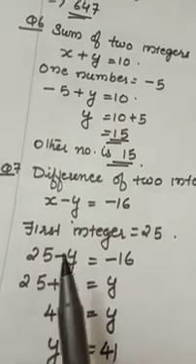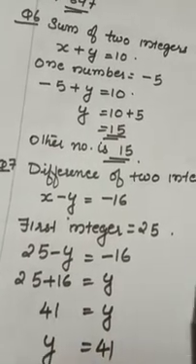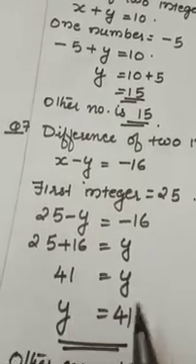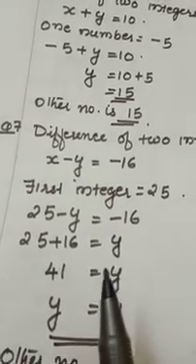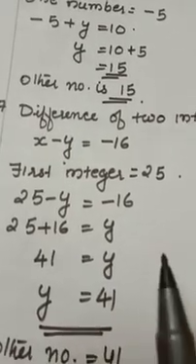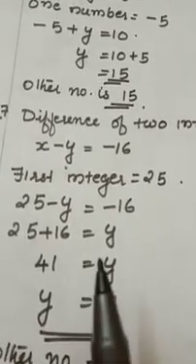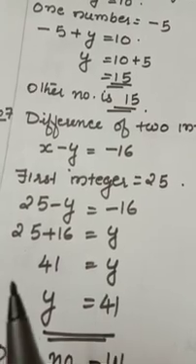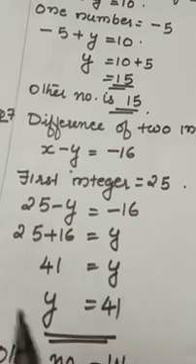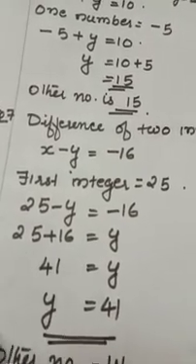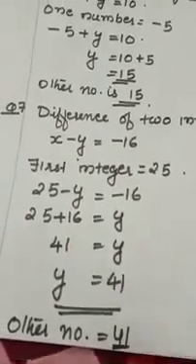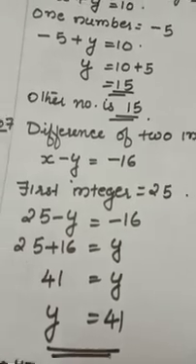Then your answer will become wrong. So I took this minus y there, so this minus sign will be converted to plus. So 41 equals y. Now this y you can take here and 41 you can take it there. No change at all. Because here y will come from here to here, minus y, and here to here, 41, that is minus 41 equals minus y, and the minus signs will be cancelled out. Okay. No need to do it like that. Like this, the other number is 41.